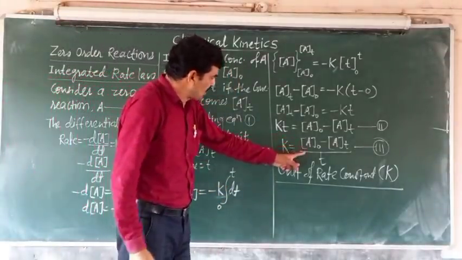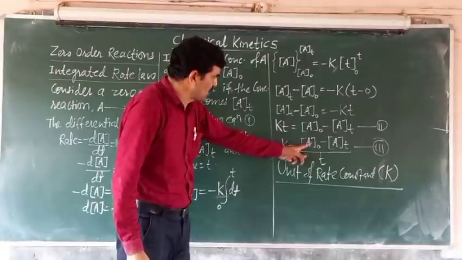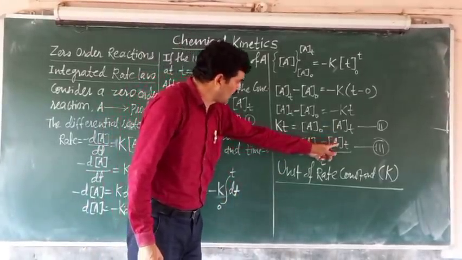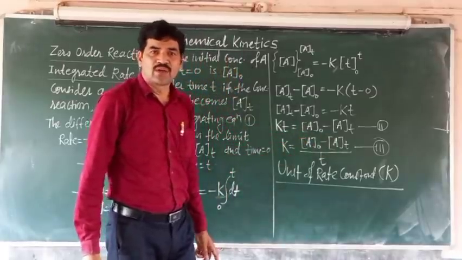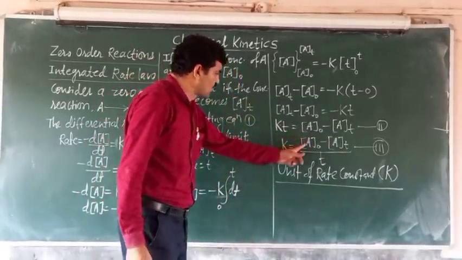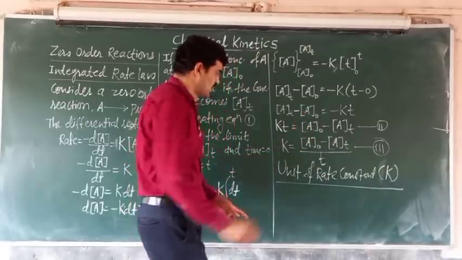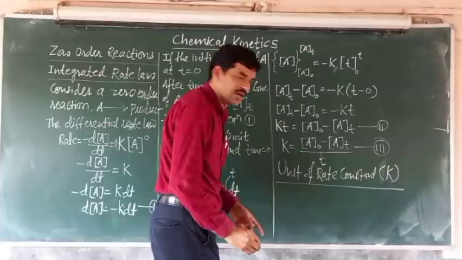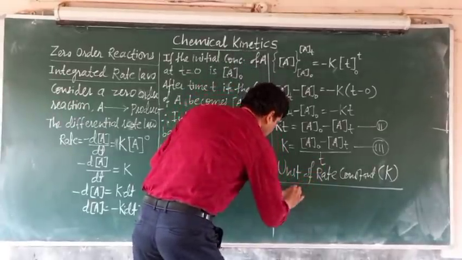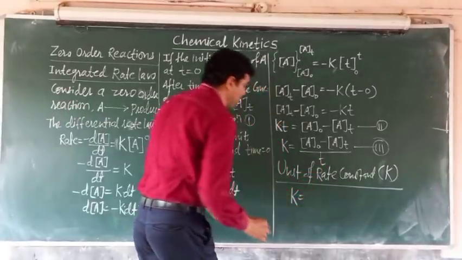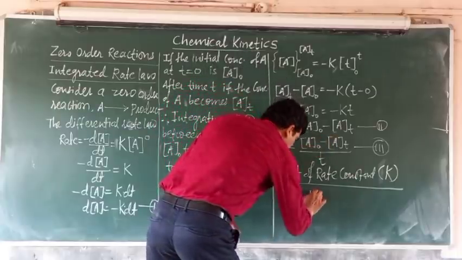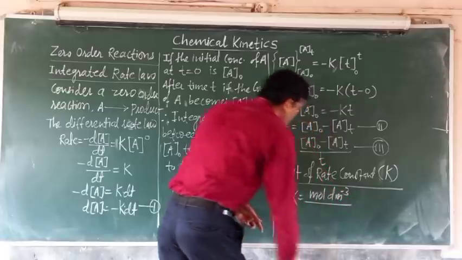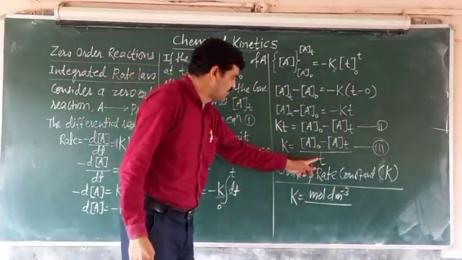Now here you can understand that A0 is a concentration term, At is also a concentration term, and therefore the unit of both of these is common, and generally the concentrations are molar concentrations, meaning the common unit of A0 and At is mole per dm cube or mole per liter. So the unit of k is mole per liter, mole per dm cube, upon time.